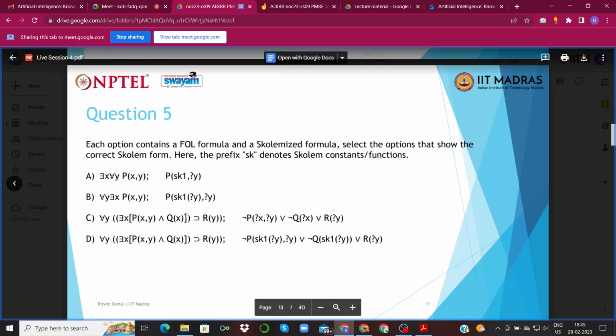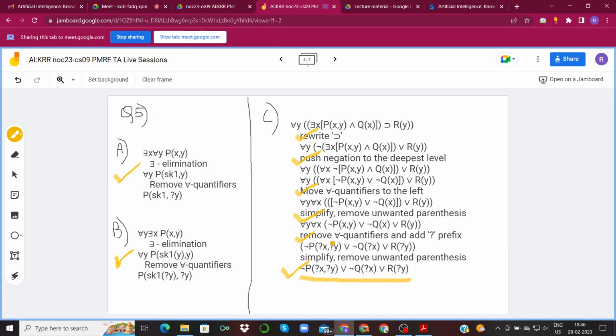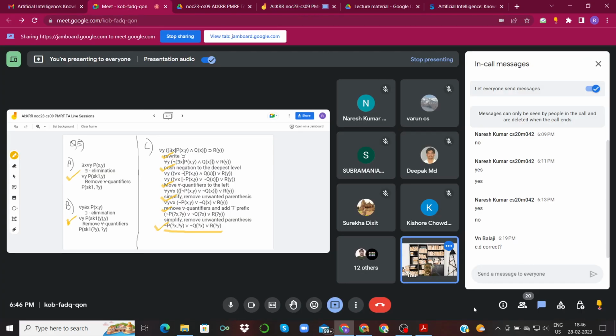When you are expanding this implies and then pushing the negation to the deepest level, you are doing away with the existential quantifier and you have only universal quantifiers left in the formula. Okay, so the correct options would be A, B, and C. I'll let you go through the steps for arriving at each of them, especially option C. And if you have any doubts, we can discuss it. I'll give you a couple of minutes.